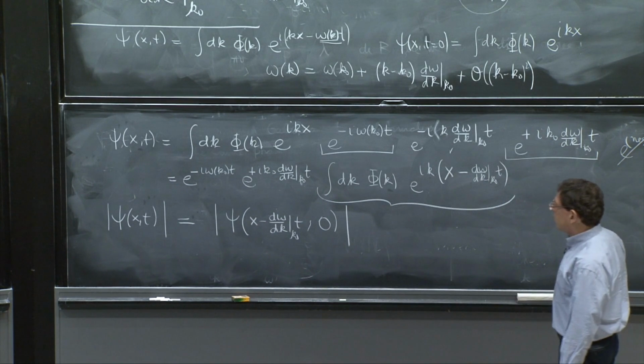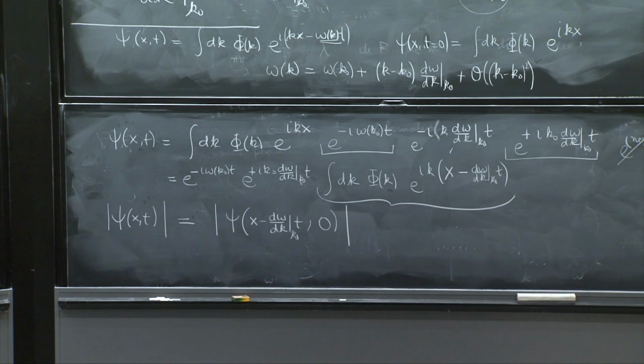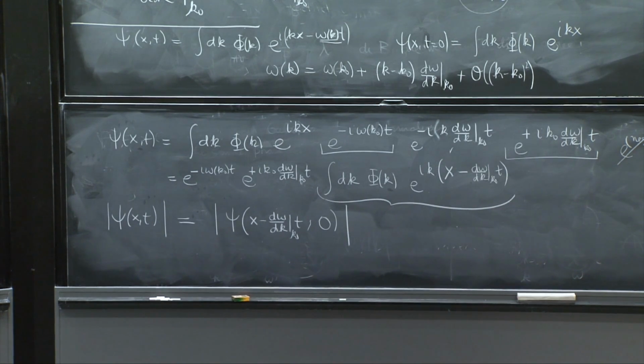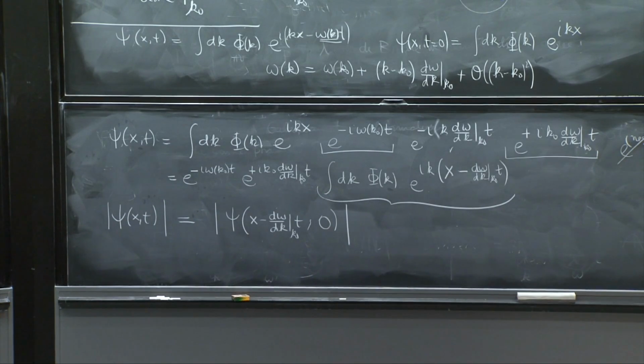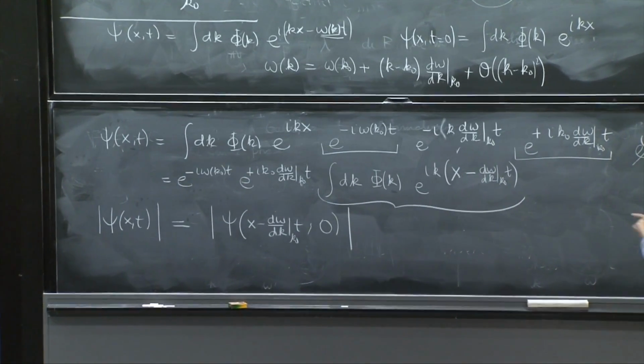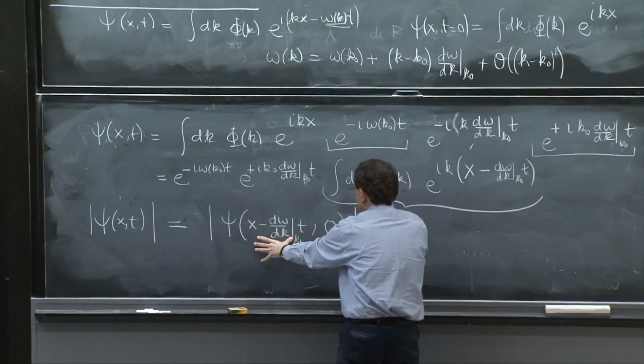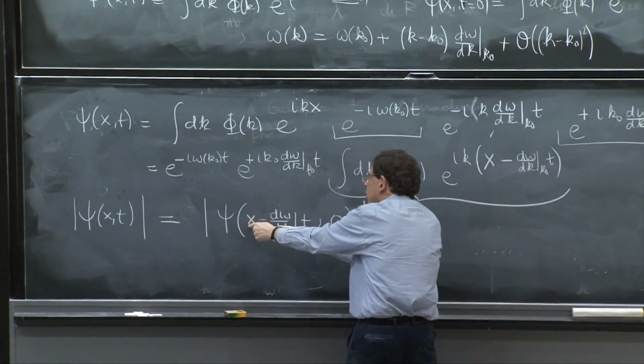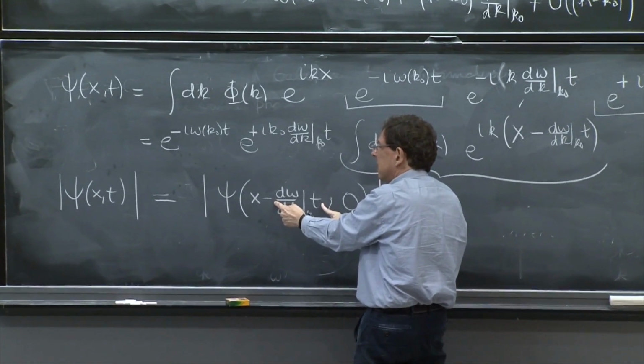So look what we've proven. The norm of the wave function at any time t looks like the wave looked at time equals 0, but just displaced by a distance.